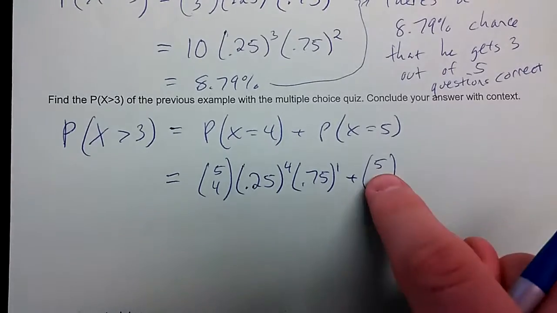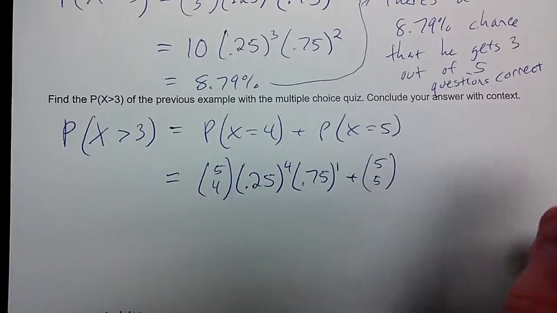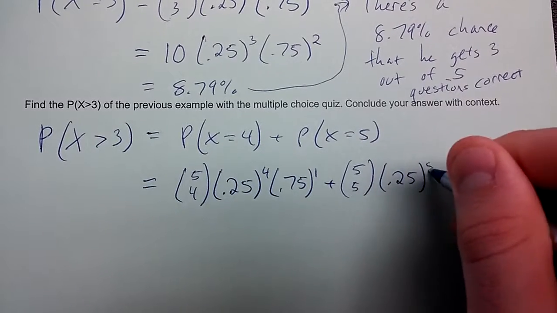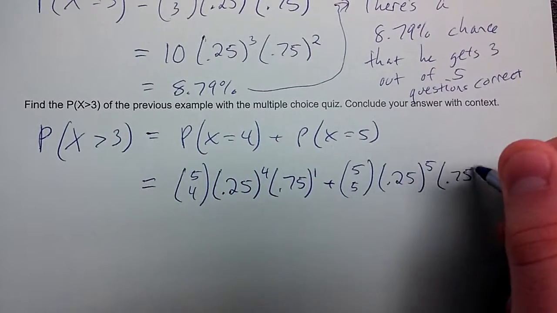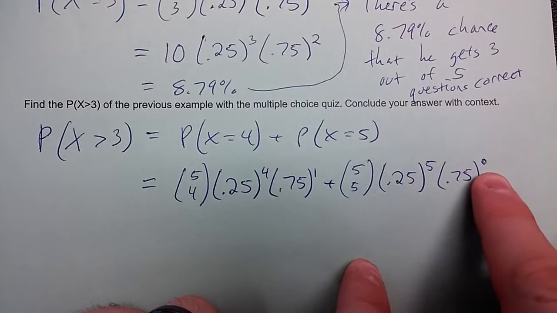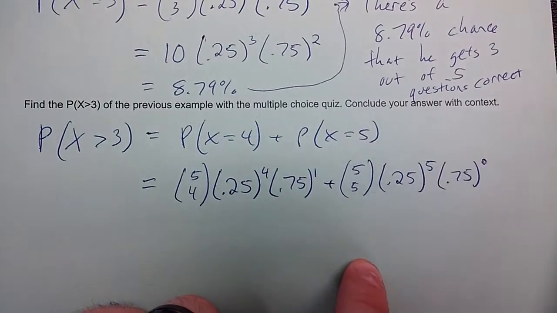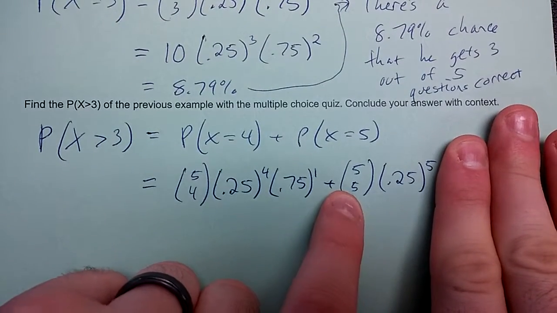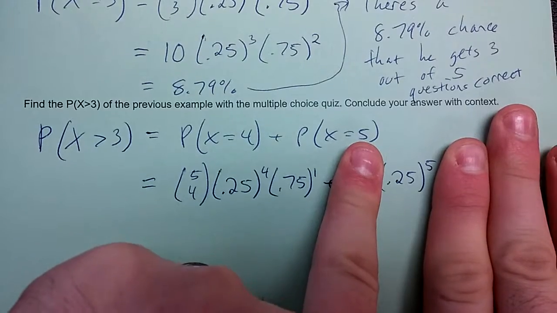That's 5 choose 5. It's actually only one way, but it's just a formality so you can look at how it's the same throughout every probability. 5 successes and 0 failures. So you'll notice that this is raised to the 0th power, which means it turns into 1, or we don't write it anymore. The only way you can choose 5 things from 5 things is one way. So that ends up being just 0.25 to the 5th power.